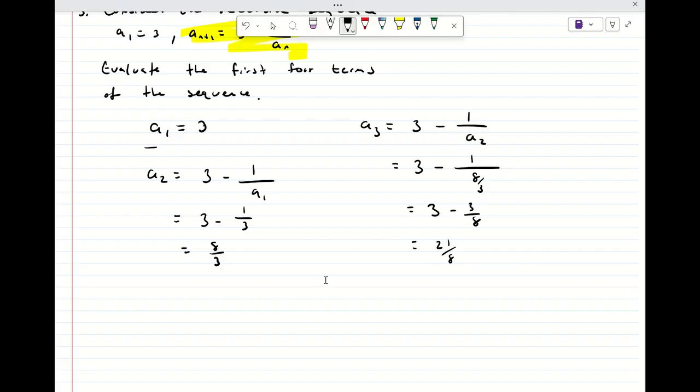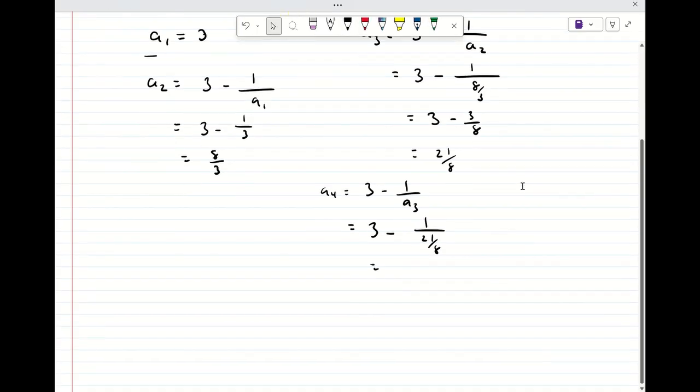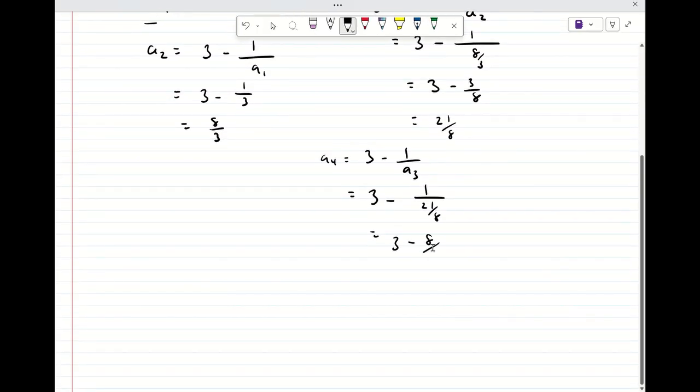And finally, for our a of 4, we would take 3 minus 1 over a of 3, and that's equal to 3 minus 1 over, a of 3 is 21/8. And that gives us 3 minus 8 over 21. So then that becomes 55 over 21.